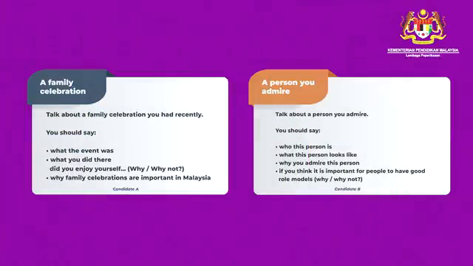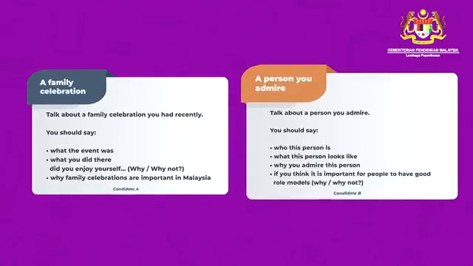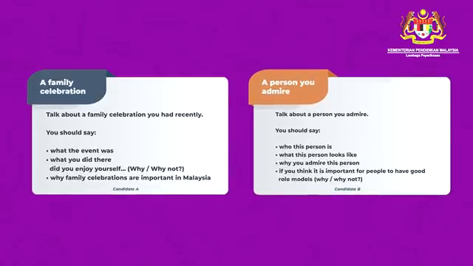Here is Part 2 sample question. Let's pretend that you are candidate A and your partner is candidate B. Candidate A is given a topic by the interlocutor which should be familiar. For example, a family celebration. You have some time to think about the topic and then you talk for about 1 to 2 minutes.